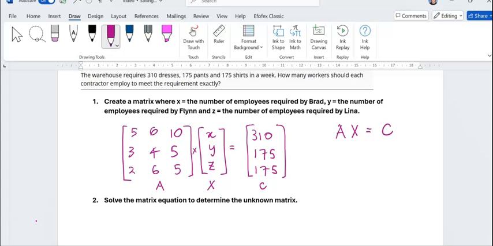So the idea is to try and get matrix X isolated on its own, and obviously we know we can't divide with matrices, but we can multiply by an inverse.